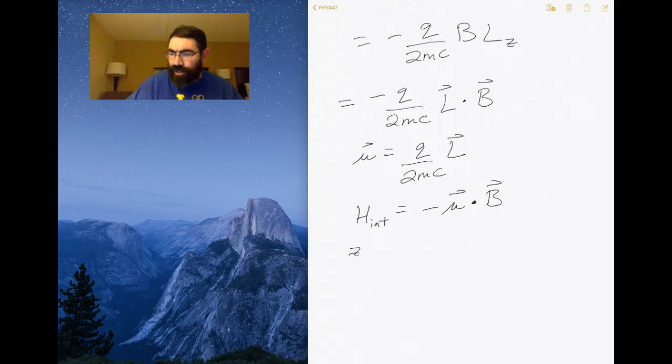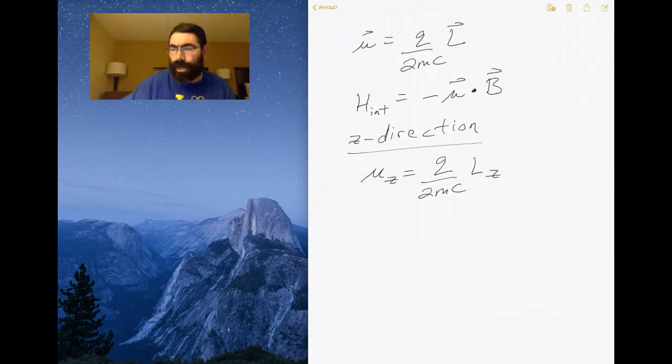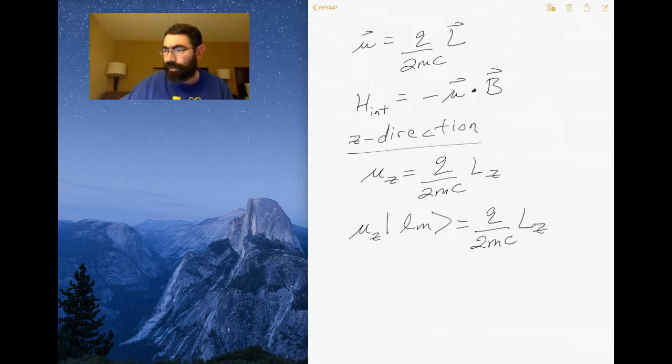So if we only look at the z direction, then what we get is the magnetic moment in the z direction is q over 2mc times the angular momentum in the z direction, which means that our quantum mechanical operator for the magnetic moment, operating on some state of angular momentum L with a projection m, is q over 2mc L_z operating on that state.